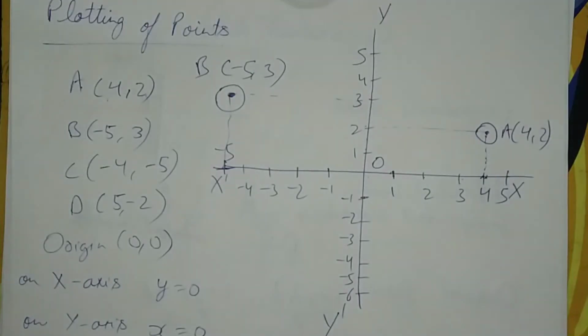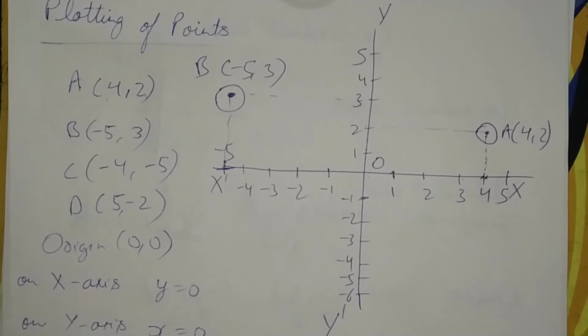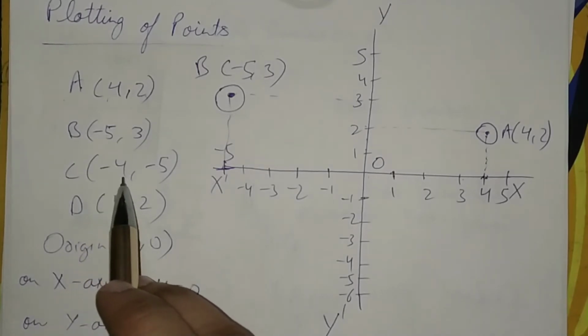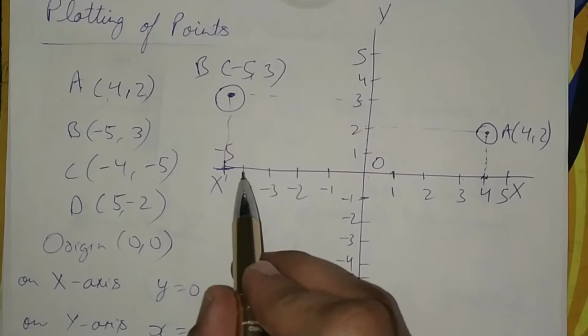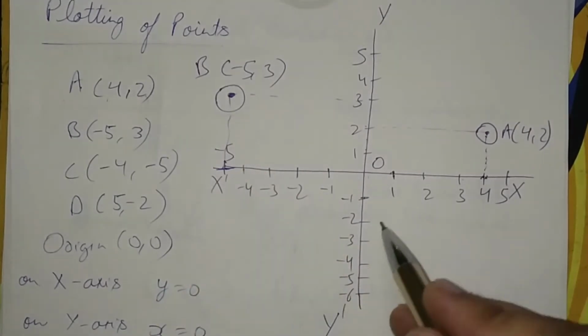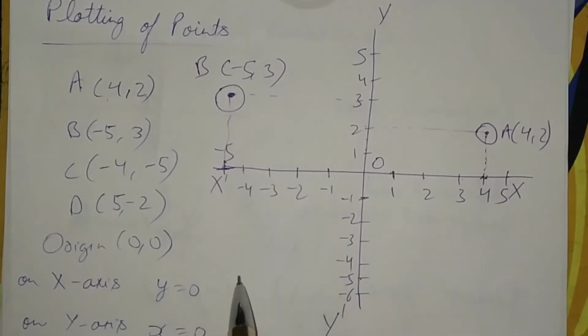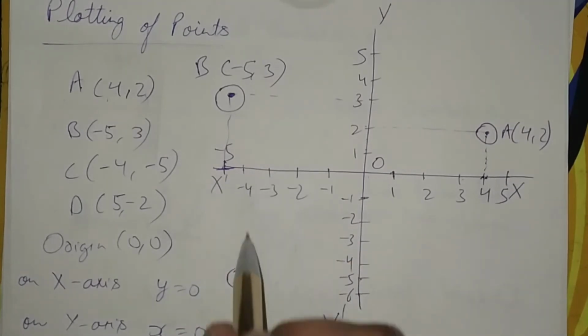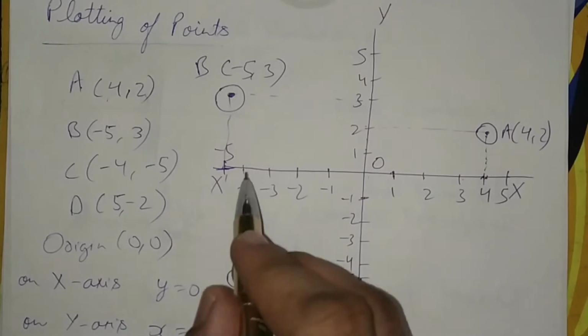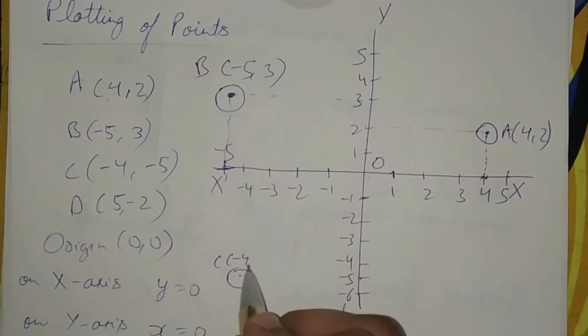Point name is B. Then minus 4 comma minus 5: x-axis minus 4, y-axis minus 5. So this will be the required point. When you draw on graph paper, no need to draw a line here, you can directly write the point C, minus 4 comma minus 5.